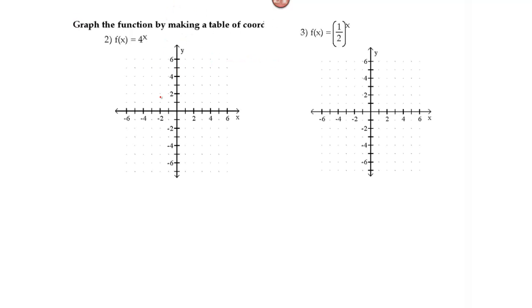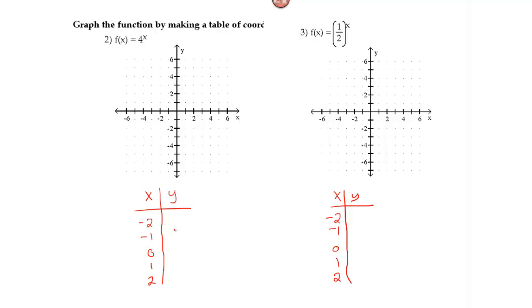On 2 and 3, we're making a couple graphs with tables of values or tables of coordinates. And so what you do is you set up an x and a y table. We're going to pick -2, -1, 0, 1, and 2 on both of these. And all we do is we take whatever this is and we plug in those numbers.